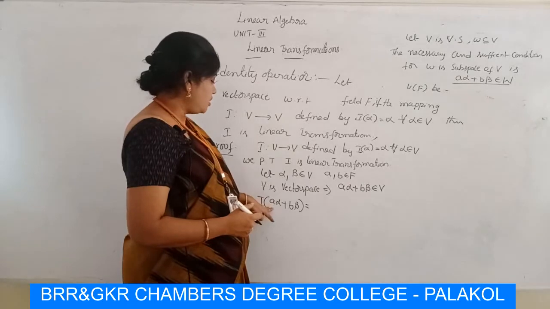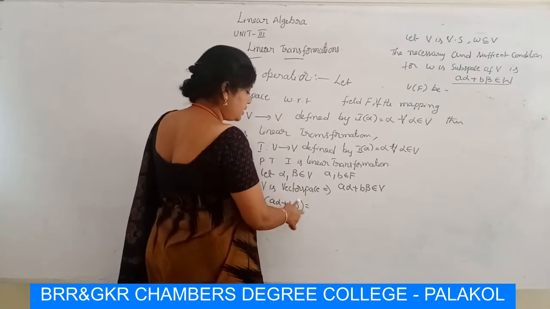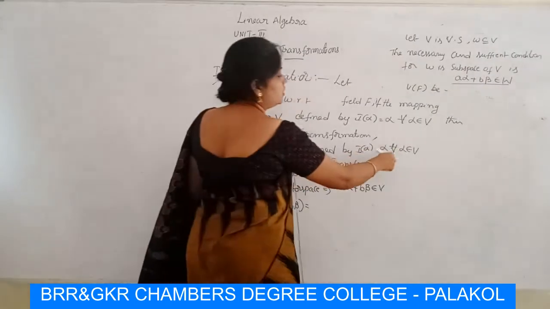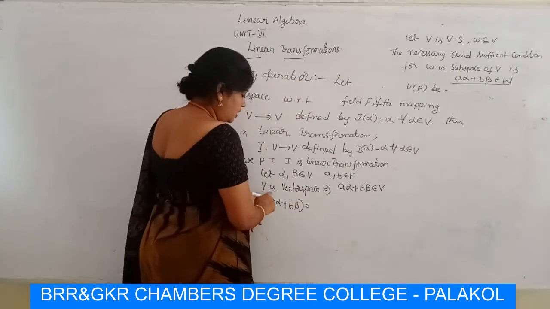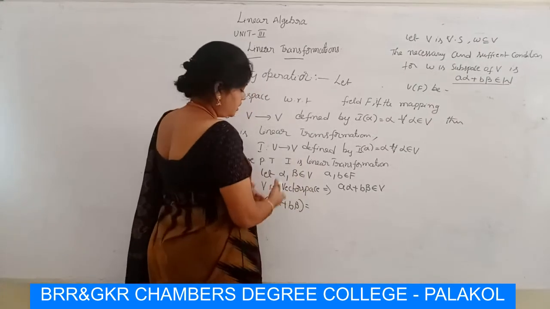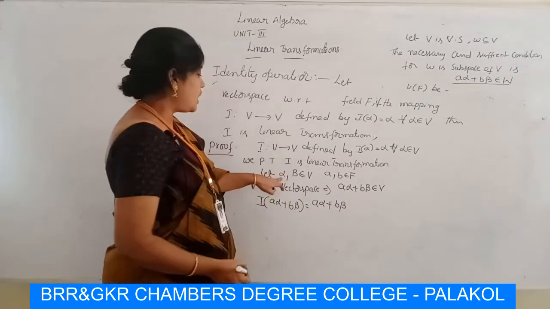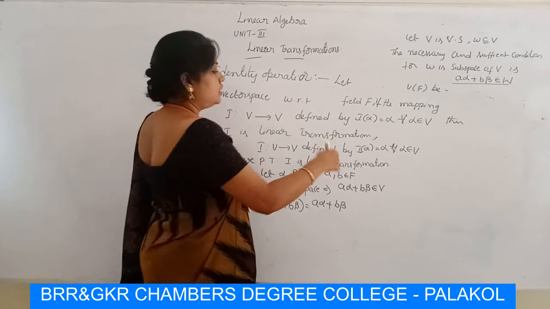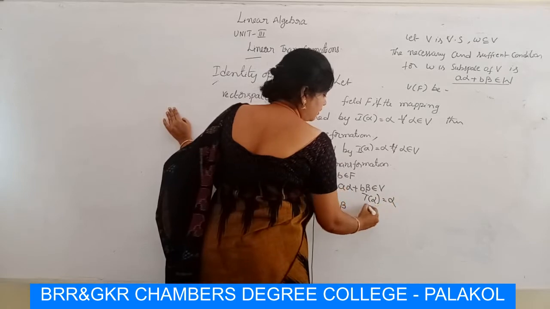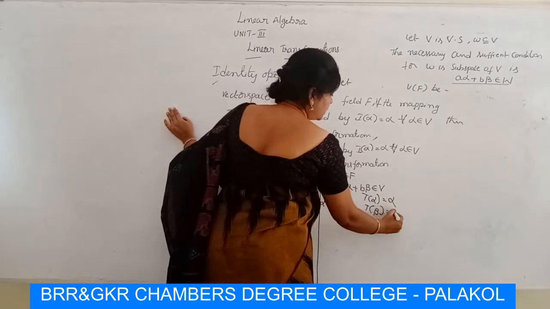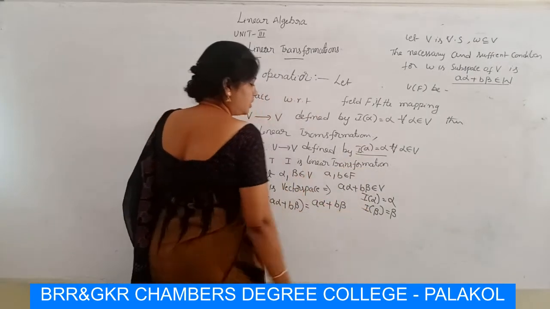So I of A alpha plus B beta is equal to, here A alpha plus B beta is a vector of V. Every vector of V has image I of alpha is equal to alpha. So I of A alpha plus B beta has image A alpha plus B beta. Alpha, beta are also elements of V, so I of alpha is equal to alpha, I of beta is equal to beta.